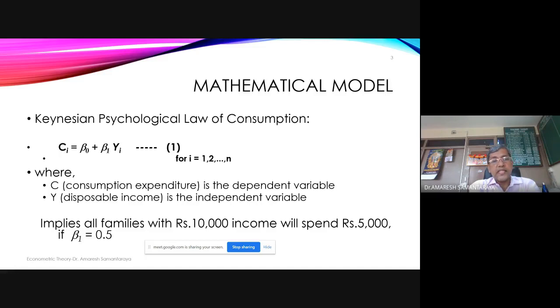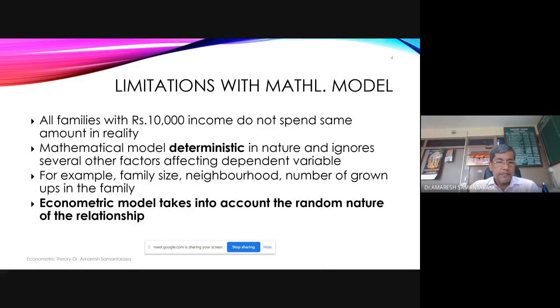So this deterministic model is not very useful to explain economic behavior. Improving upon it, we have to develop an econometric model which will be more realistic.